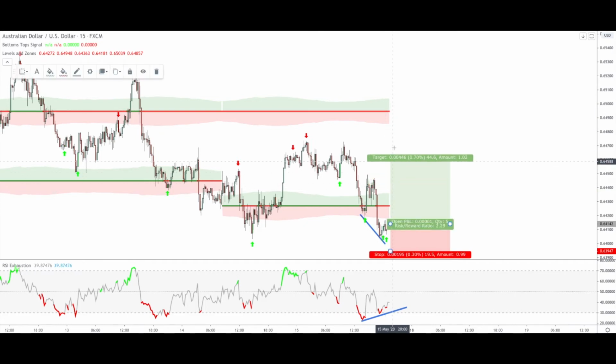If I draw my target up here, I have the order. I'm getting a 0.3% stop loss, and if we reach the target, then the return will be approximately 4x, which is kind of the average return that we usually get from our trades.